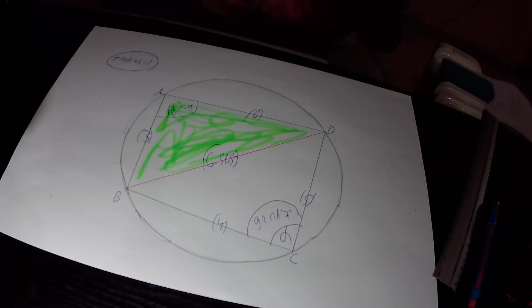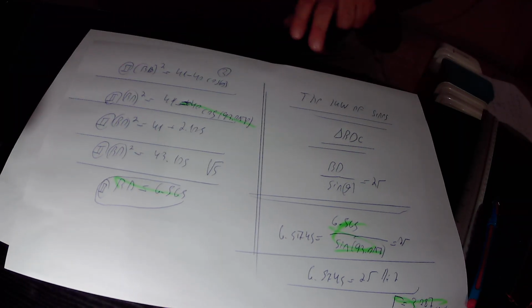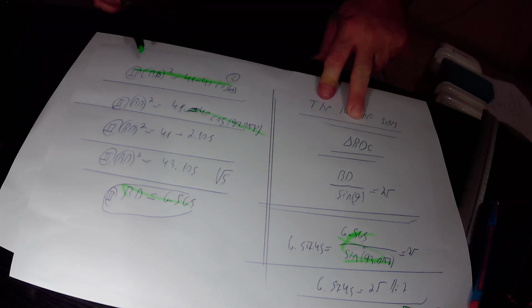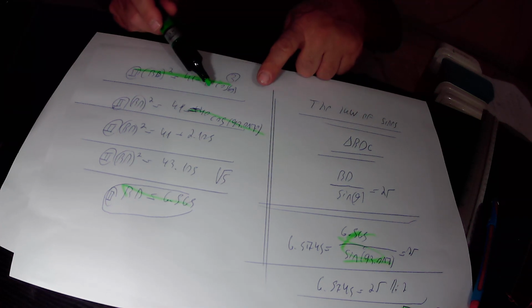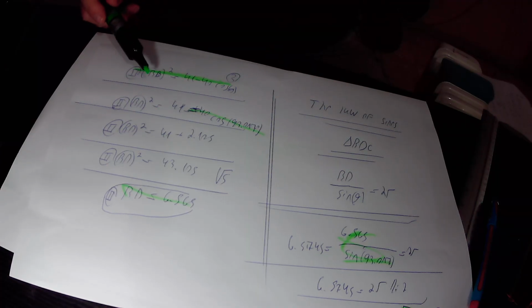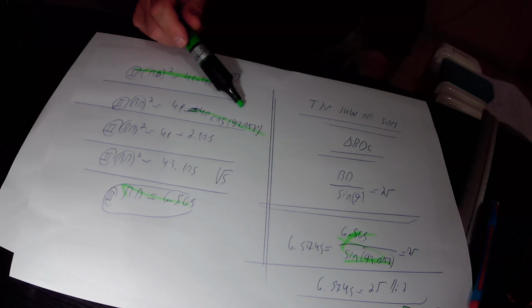The next step, we find the value of BD. According to equation 2, we found out that BD squared equals 41 minus 40 times cosine alpha. Alpha is 93.017. So in total, according to equation 2, BD squared equals 41 minus 40 times cosine 93.017 degrees.